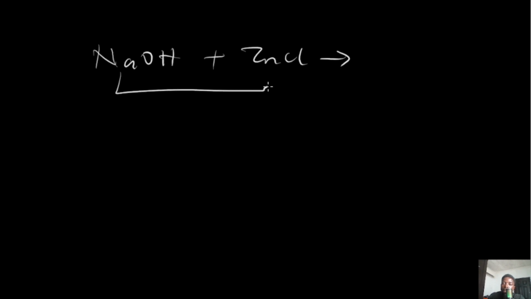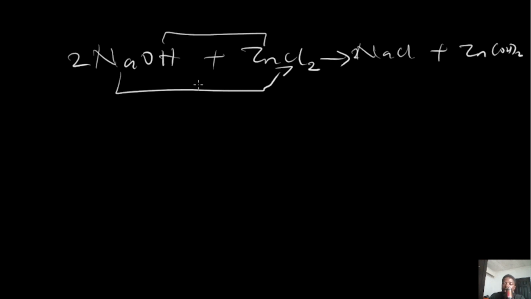So Na will collect the Cl, while zinc will collect the hydroxide. So that's going to be NaCl plus ZnCl2. Balancing out, this is supposed to be 2. So anytime you want to produce an insoluble hydroxide, just bring an alkali and react it with the salt of the corresponding metal.